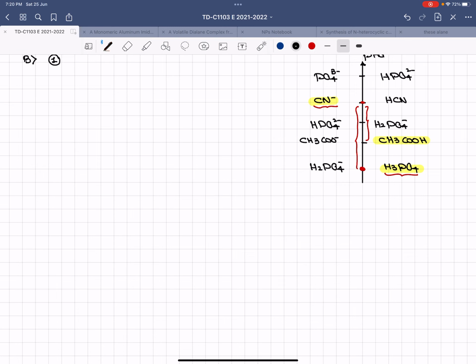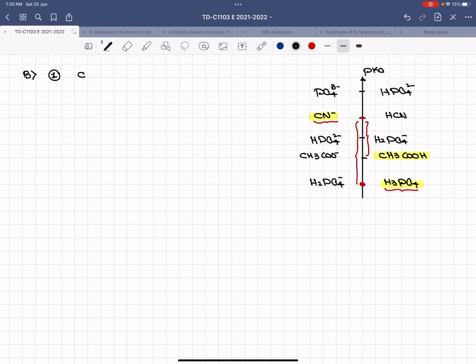So the first reaction that will take place will be CN minus plus H3PO4. Basically, just at the beginning, I will put a double-sided arrow to give you H2PO4 minus plus HCN. Always calculate the Kr of this.